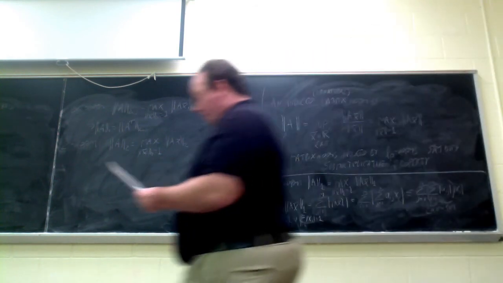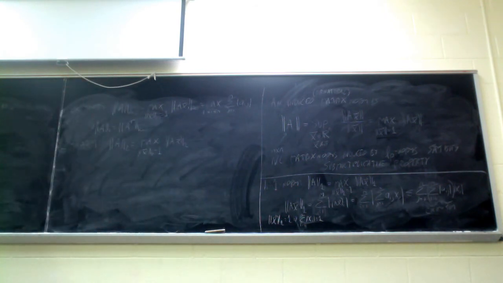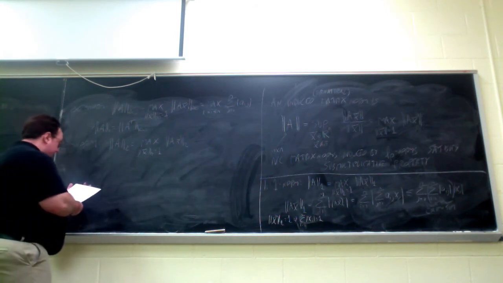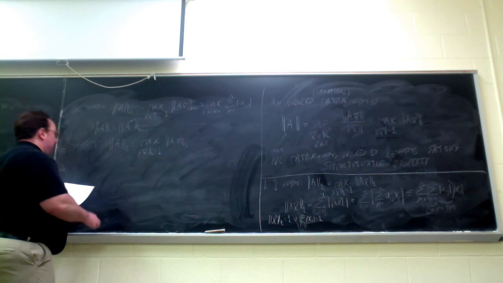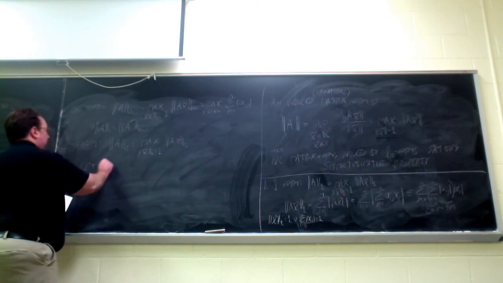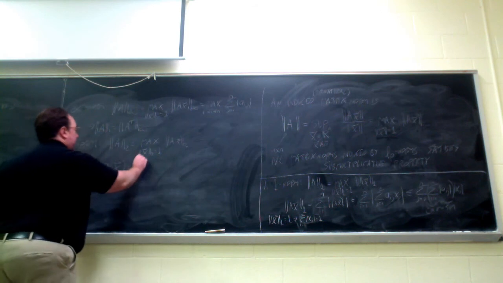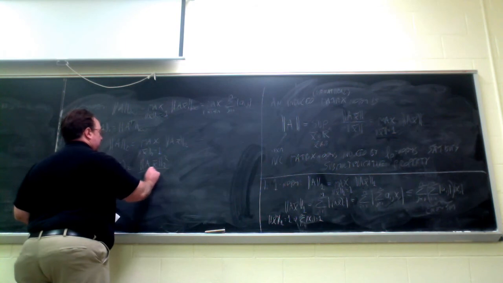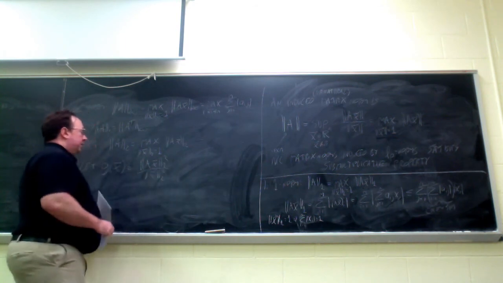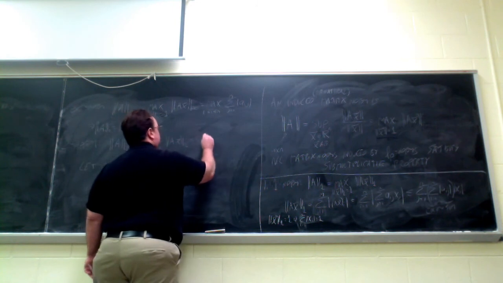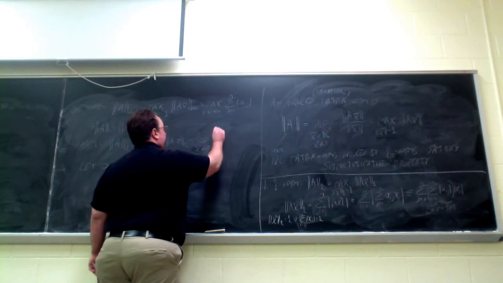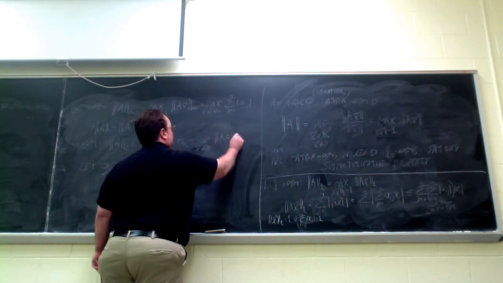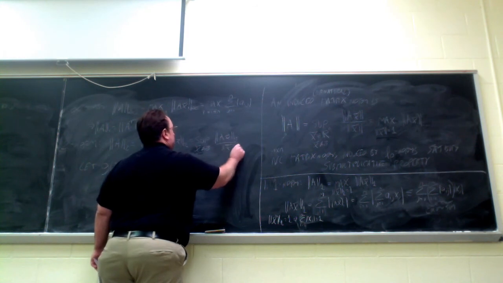I may not have time to get into the details of it here, but if I define the function g of x to be this, because I can also say that this is the supremum over all non-zero vectors of the 2 norm of Ax over the 2 norm of x.